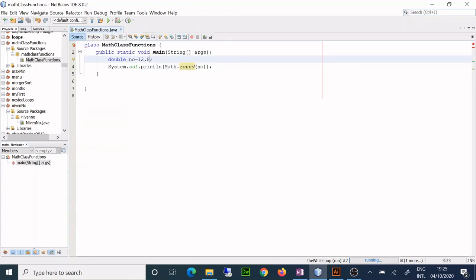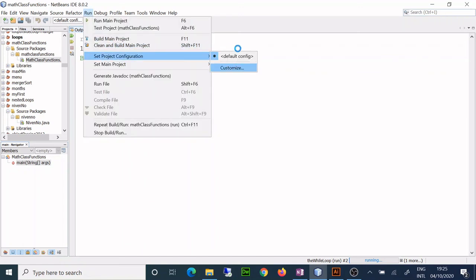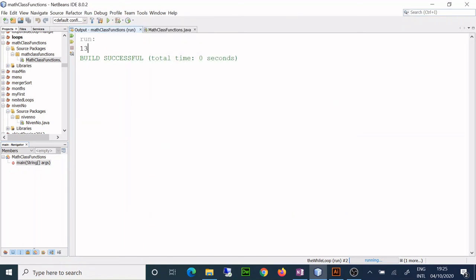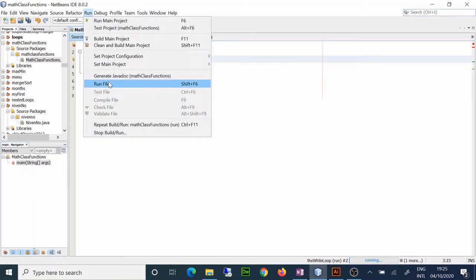So that's what it does. And if it is 12.5, keep in mind, it runs 13. So up to 5, it rounds it up. Below 5, it is going to round it down. So that's what you have to keep in mind. If it is 4, it will round it down.